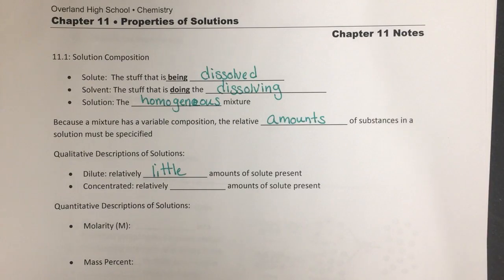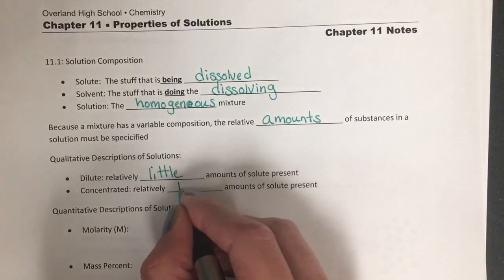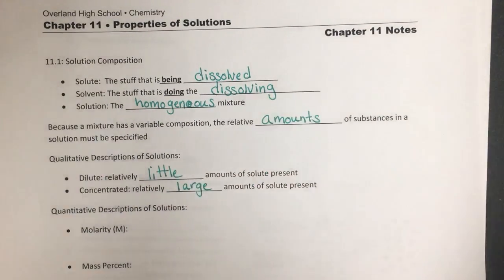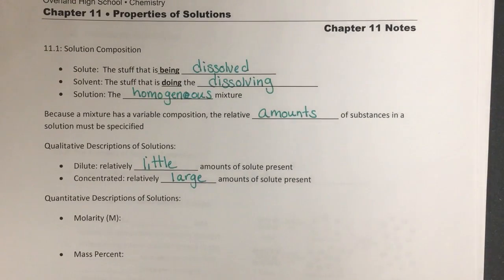If I say it's concentrated, there are going to be large amounts of solute in my solution. So qualitatively, I know that there's a lot of stuff in my solution if I say it's concentrated, but I don't know how much. So if I want to describe it quantitatively, there are several terms that we talked about in previous chapters. So let's review those quantitative terms.